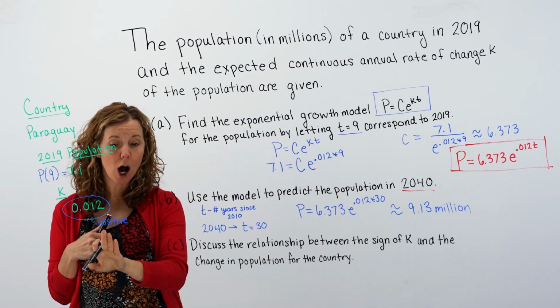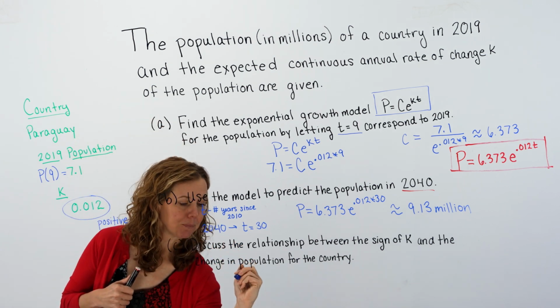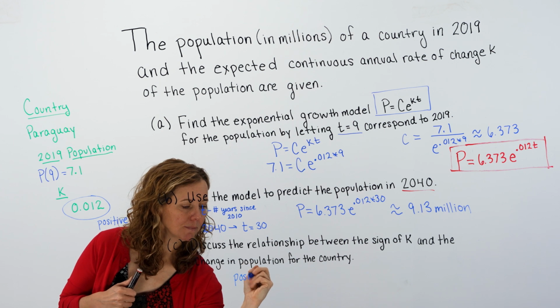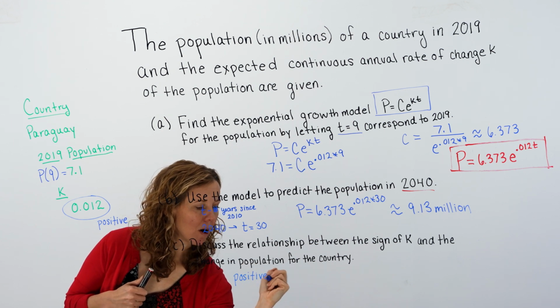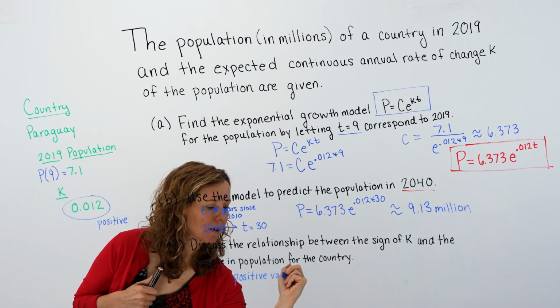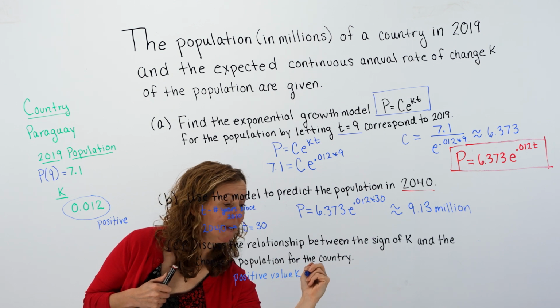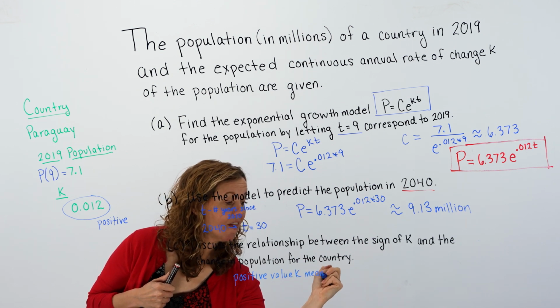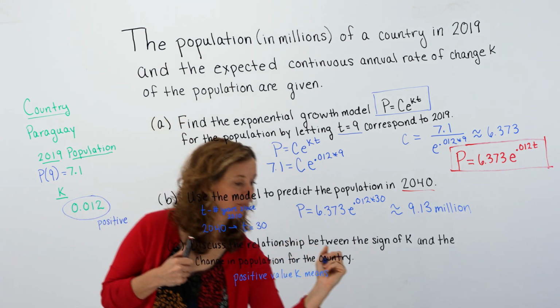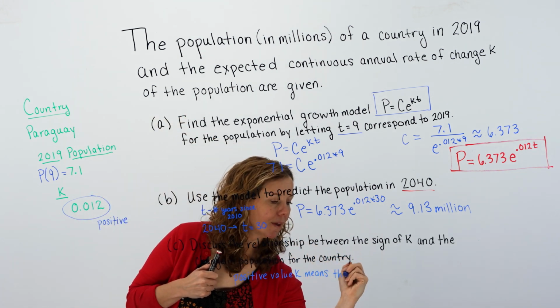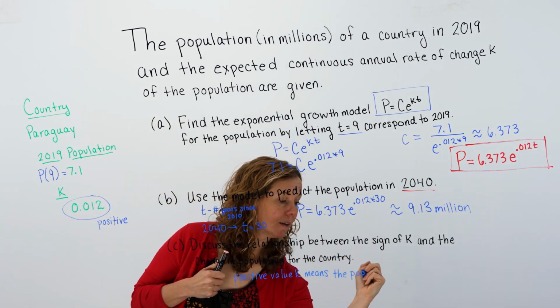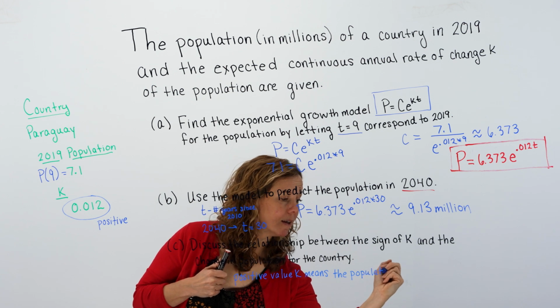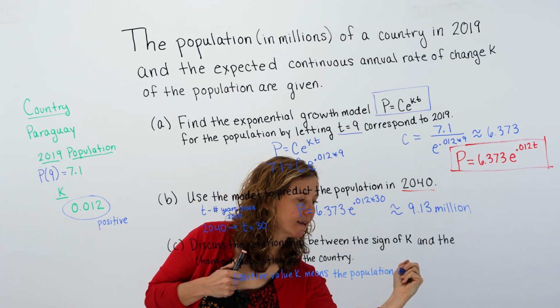But here, our positive value of k means that over time, the population grows. It increases.